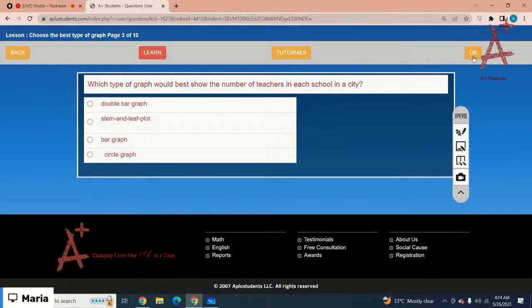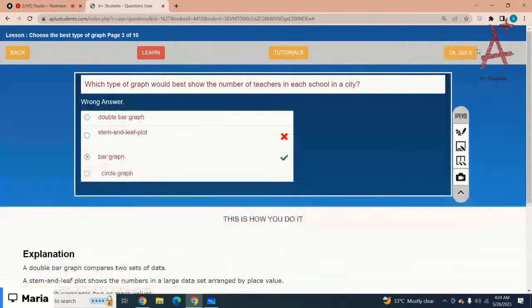Number of teachers in each school in a city. That means you can use the stem and leaf plot. It's a bar graph. Got it?